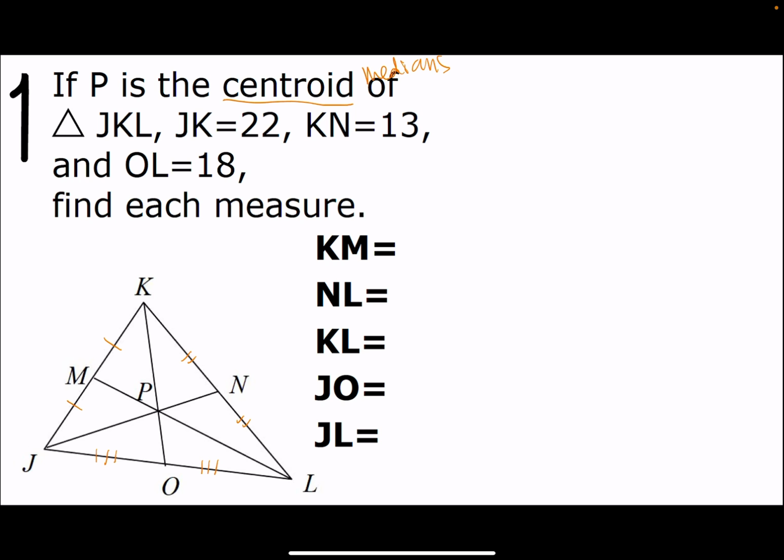With all of that done, you get JK is 22. All right. If I know JK, that tells me about JM and MK. Or in this case, KM, which is going to be 11. And I believe that's the only other thing that I can figure out.